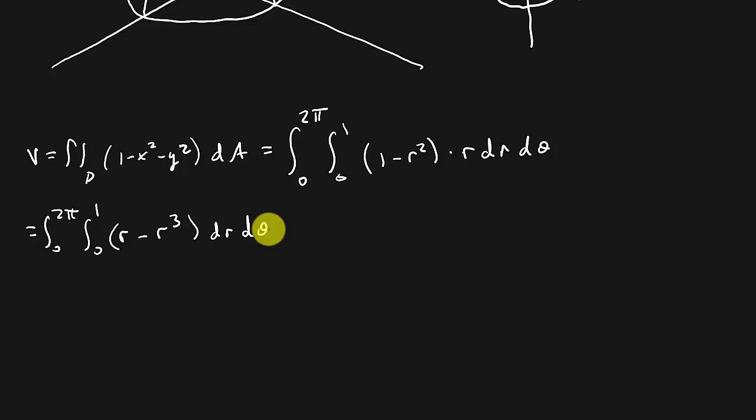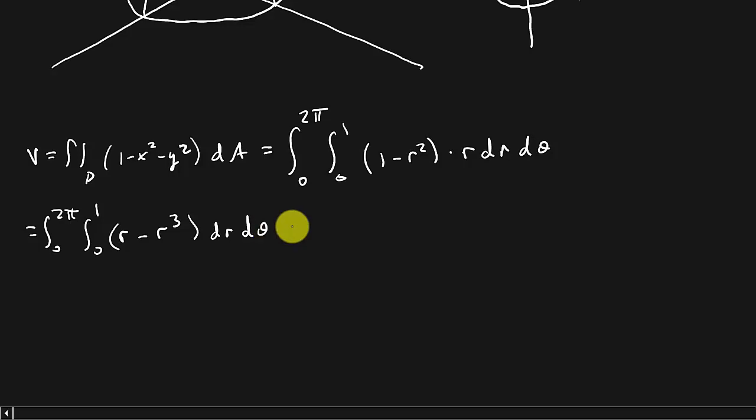And now we just integrate this, which should be pretty easy to do. So that's going to be 0 to 2 pi, and that's going to be 1/2 r squared minus 1/4 r to the 4th, and that is from 0 to 1 d theta. All right.